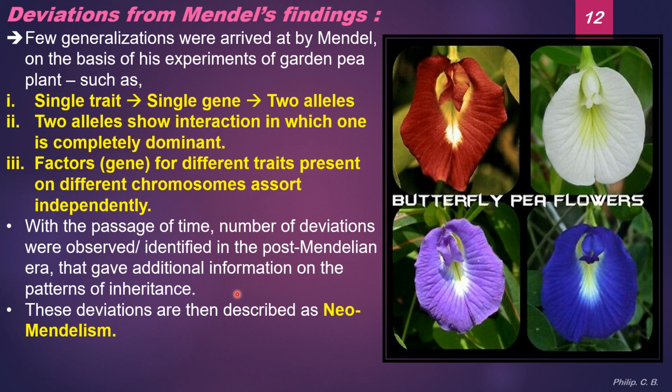That is, later on, as more experiments were carried out after Mendel's experimentation, these were seen or observed by different scientists. These deviations are then described as Neo-Mendelism, that is, different or new from what Mendel has mentioned. Just an image I put up to show four different colors of pea plant.